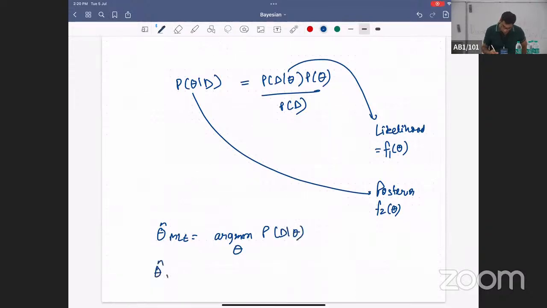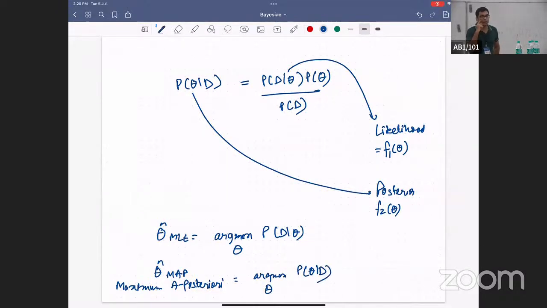Similarly, we have another estimate called maximum a posteriori, which is the argmax over theta of P of theta given D. So I've just defined these two terms. I believe everyone understands theta hat MLE by now.